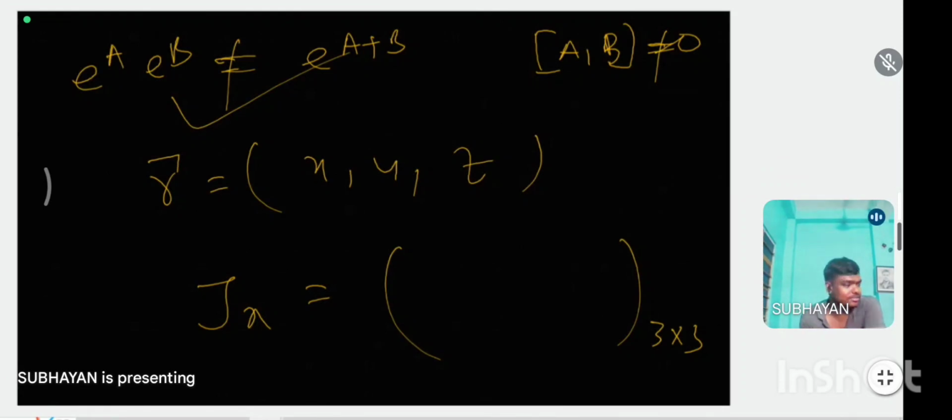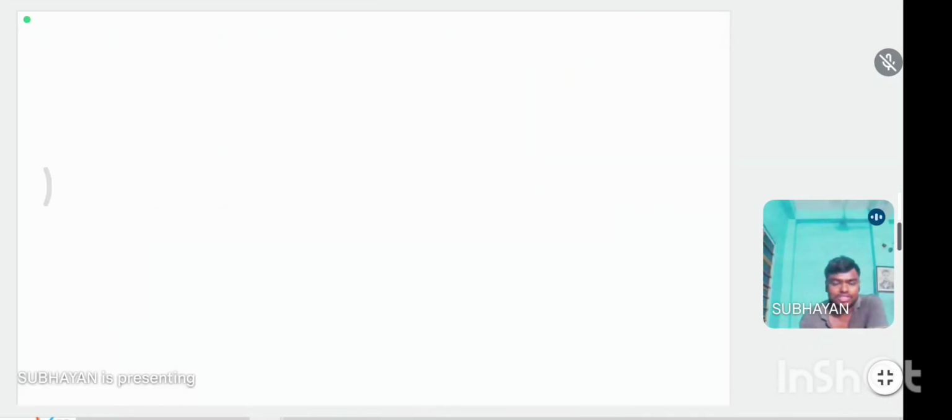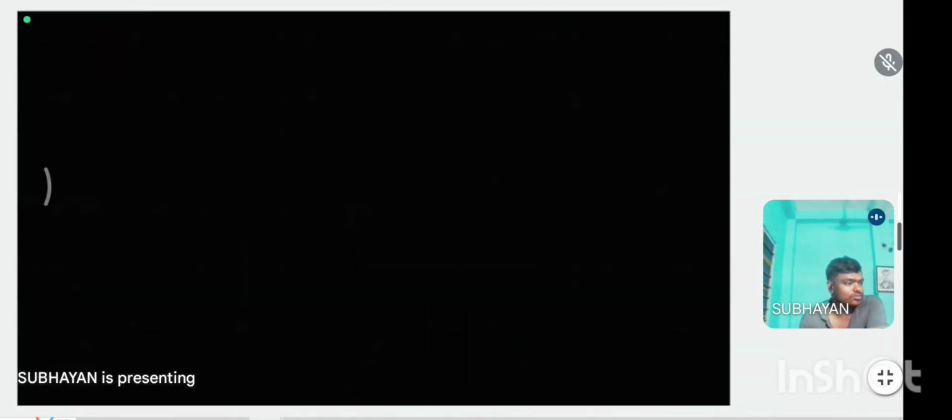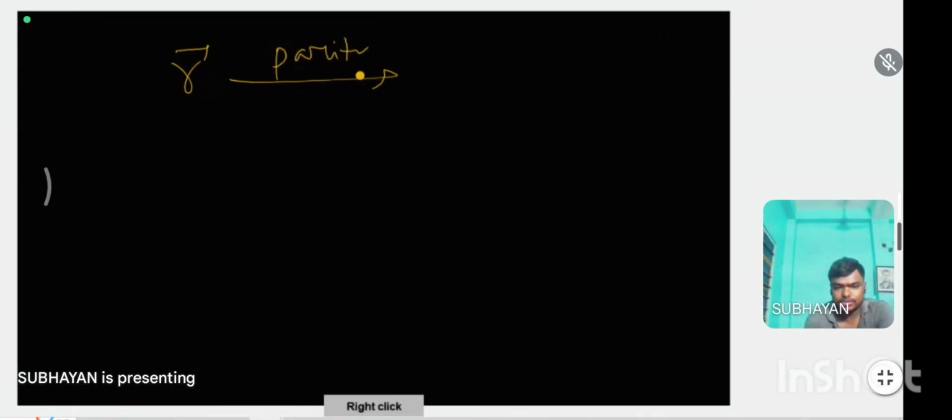So these are essentially not vectors. Another thing: any vector will change its sign under parity. Suppose any vector R under parity yields minus R, right? But if you look carefully, the elements of J do not flip under parity.